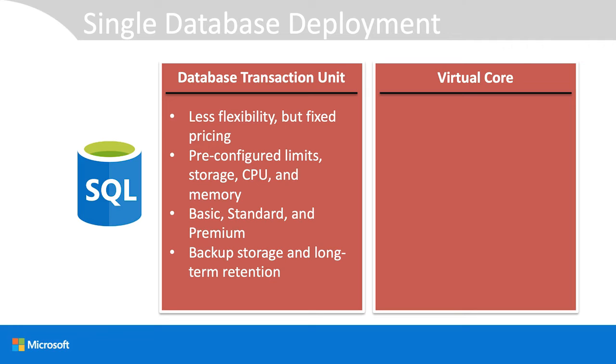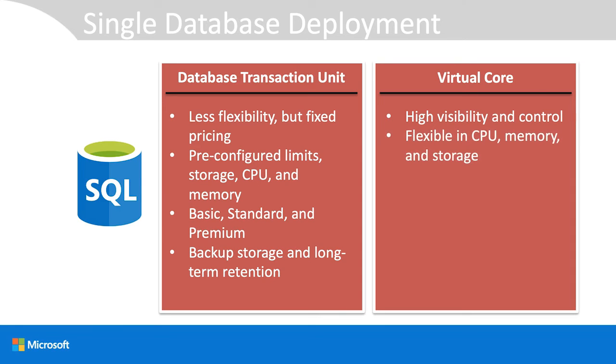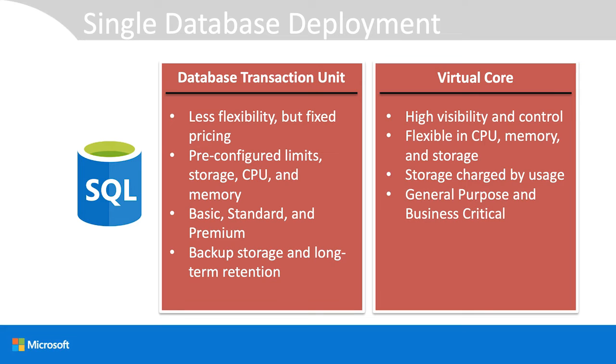The vCore model is a good choice if you need high visibility and control of the resources that your database uses. And as I said earlier, it offers flexibility in CPU, memory, and storage configurations. And you're charged for storage by how much you use. vCore offers 2 levels of service, general purpose and business critical, and you'll get better performance and availability from the business critical offering.